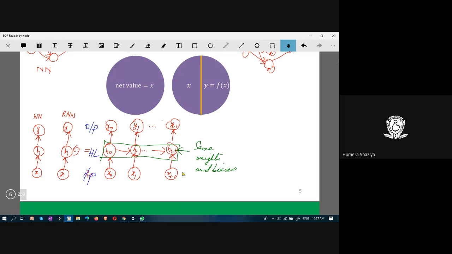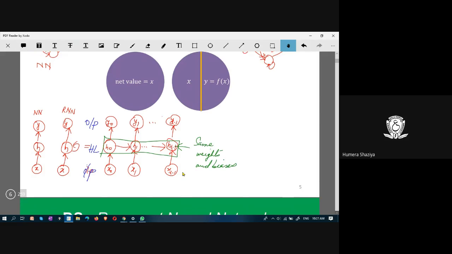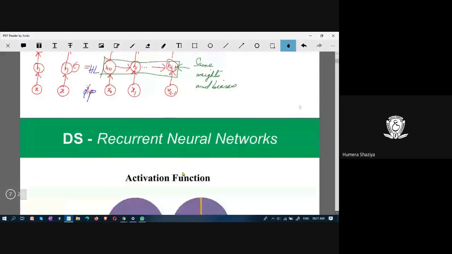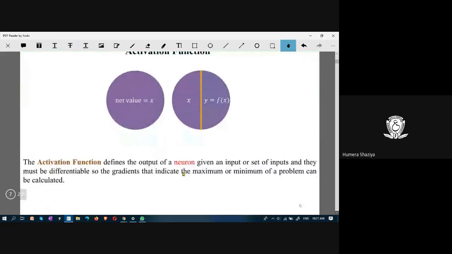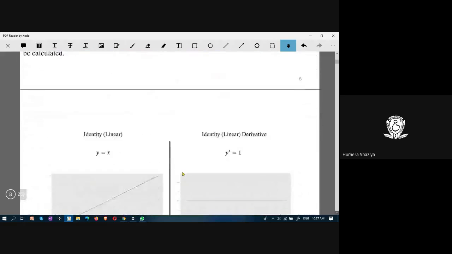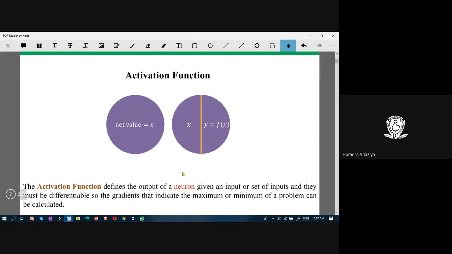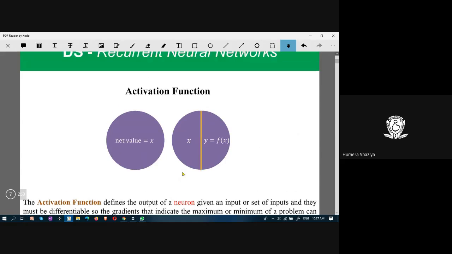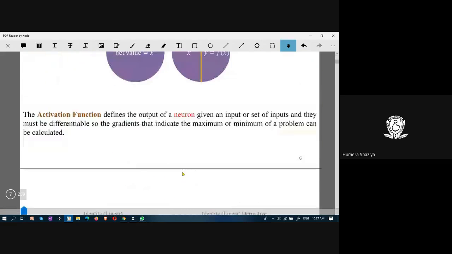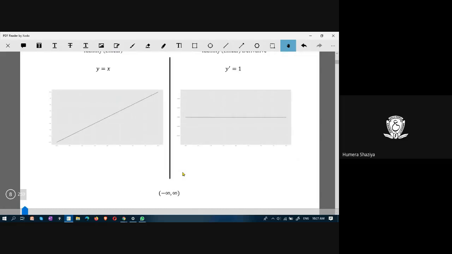Let us consider the motivation. Why is a recurrent neural network needed when there are architectures like CNN or ANN? What is the motivation for having RNN?